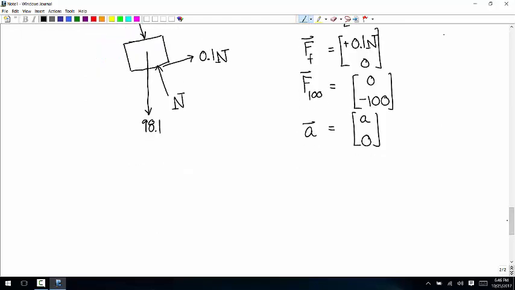But this is just like the vector problems that you did in the vector practice problems. So we have a vector with a magnitude of 98.1. The x-axis is this way. The y-axis is this way.